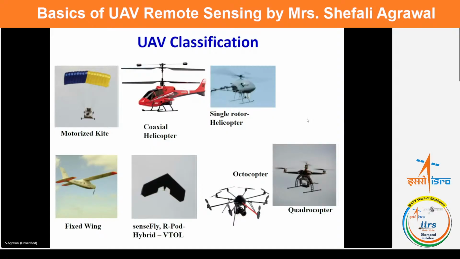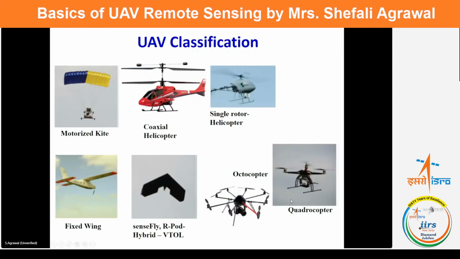So these are the different types of platforms. Earlier, when it started, you had these motorized kites on which the cameras used to be placed. Then helicopters with a single axle, coaxial helicopters, were there. Then fixed wing. And in between, you see, this is the hybrid kind of drone platform, which looks like a fixed wing, but it can be hand thrown, and it can be landed at a point.